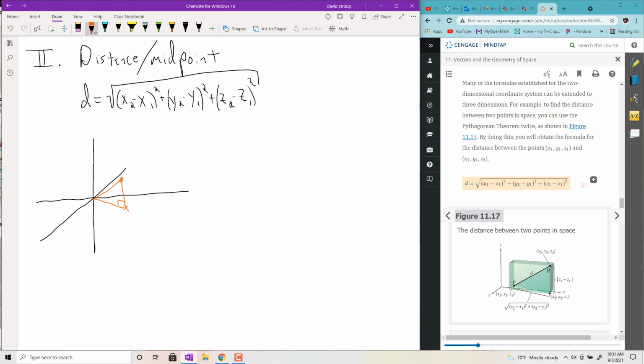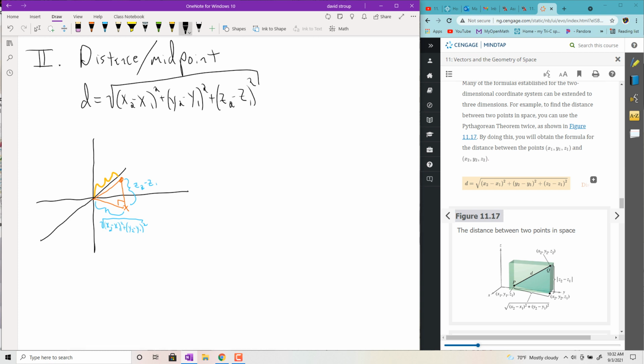So this distance in the xy plane would be the square root of x2 minus x1 squared plus y2 minus y1 squared. And then this distance right here is going to be z2 minus z1. So to get this distance, let me put it in yellow, it's just the Pythagorean theorem.